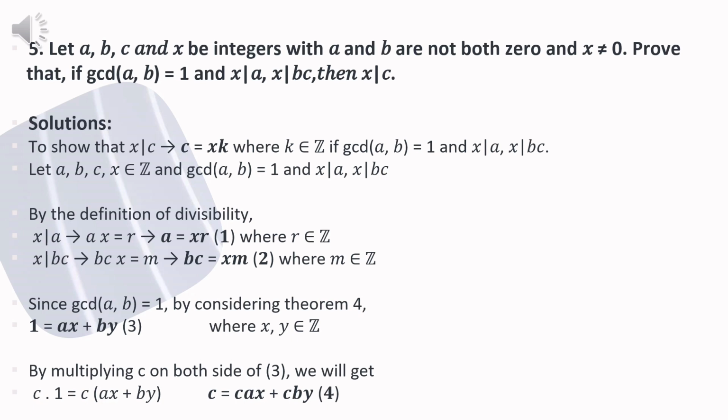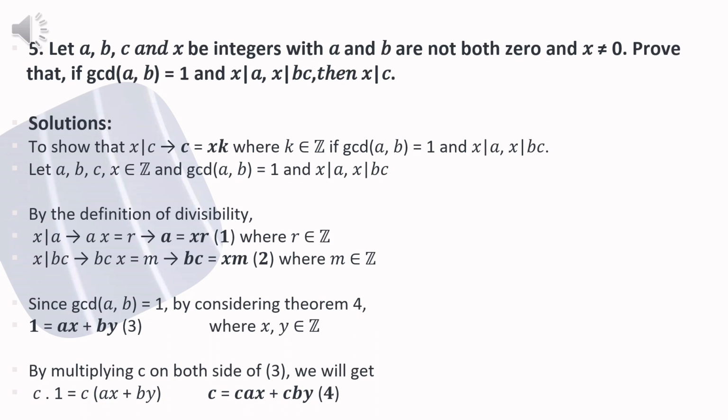If GCD of A and B equals 1 and X divides A, X divides BC. So let A, B, C, X be elements of the integers, and GCD of A and B equals 1 and X divides A, X divides BC.